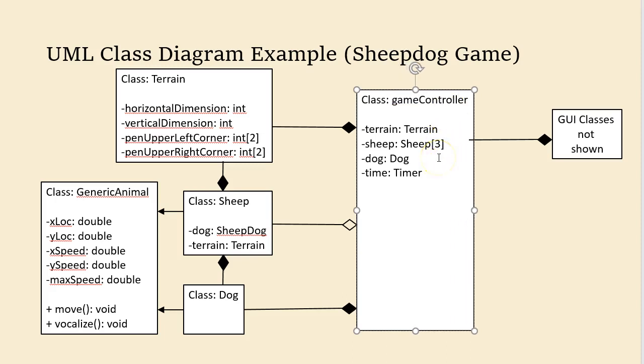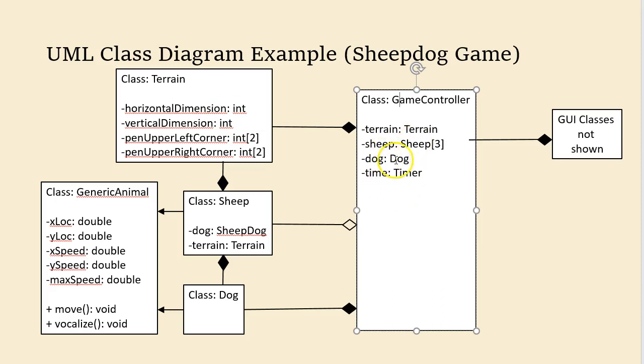I'll have a game controller, and it has attributes of terrain, sheep, dog, and a timer because I want to keep track of how long it takes for the player to get the sheep in the pen. I might need more. Let's see. The terrain contains the pen information and the length and width of the field of play. So that's probably all I need.